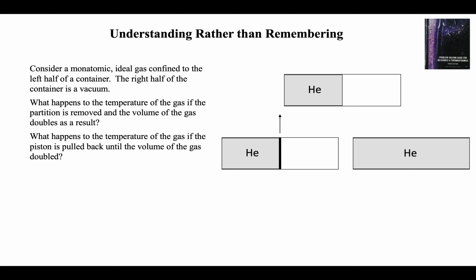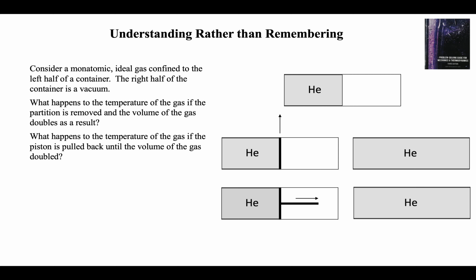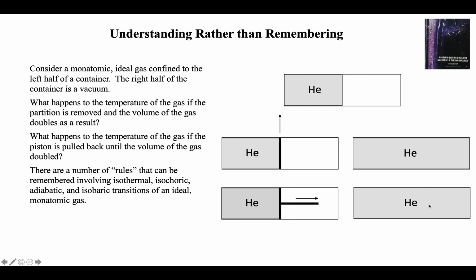Now, consider the same initial situation, but there's a piston there. And we pull the piston back until the volume of the gas doubles. There's a number of rules you can remember about free expansions, isothermal expansions, isobaric expansions, adiabatic expansions.